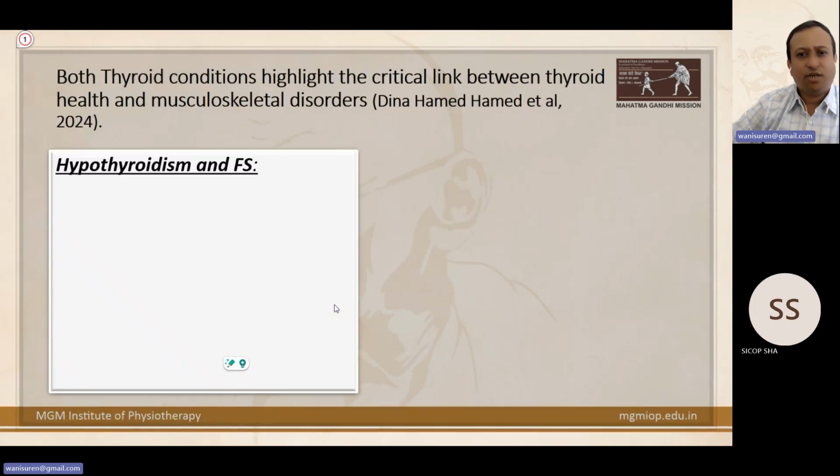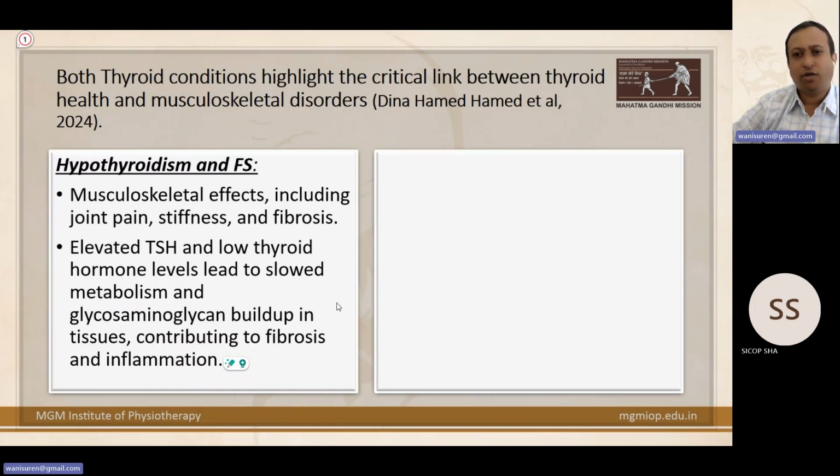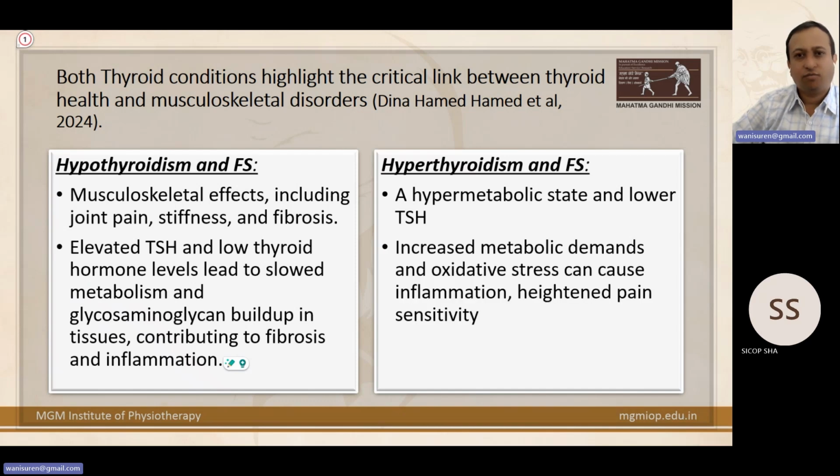So in a recent study, they have confirmed that both thyroid conditions, hypothyroidism and hyperthyroidism, are related to the development of adhesive capsulitis.